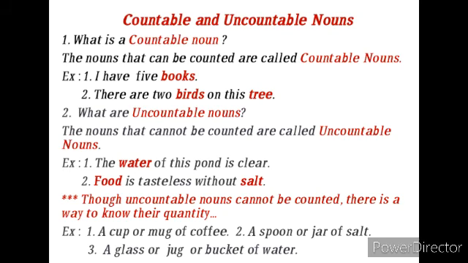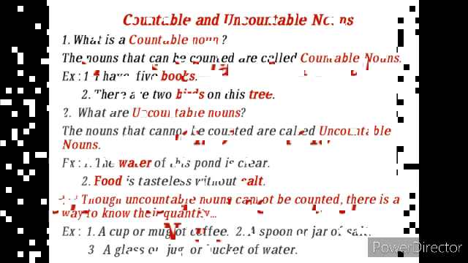And when you put it into a bucket, you can count it as a bucket of water. So you can see that though there are uncountable nouns which cannot be counted, you can know their quantity in different ways.